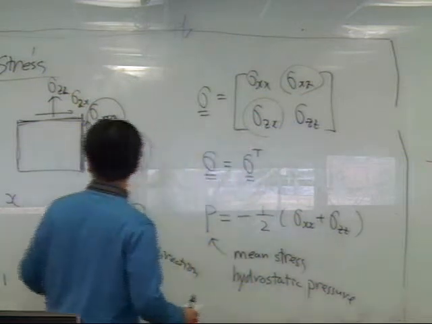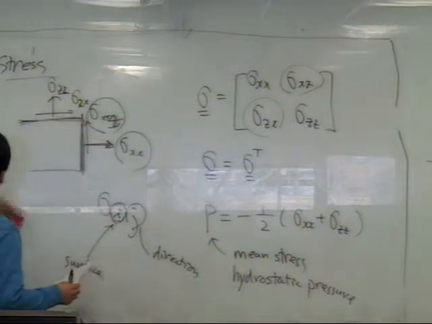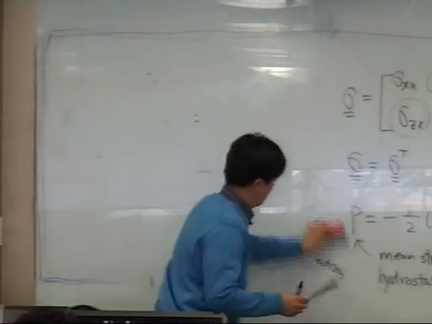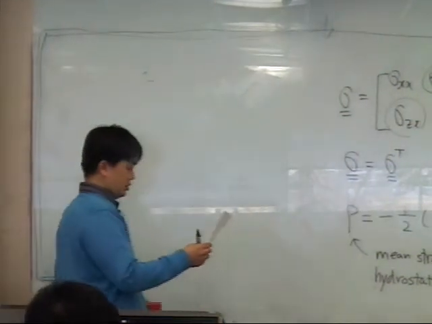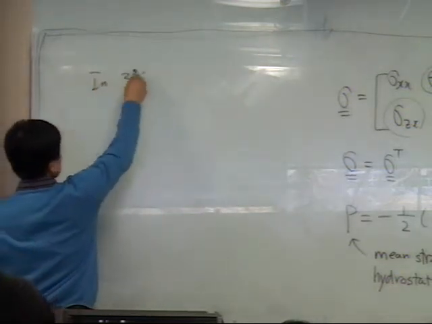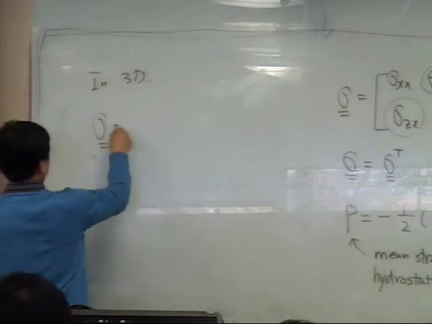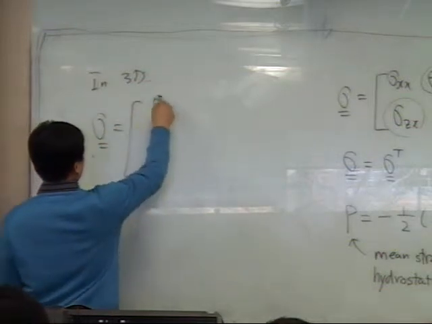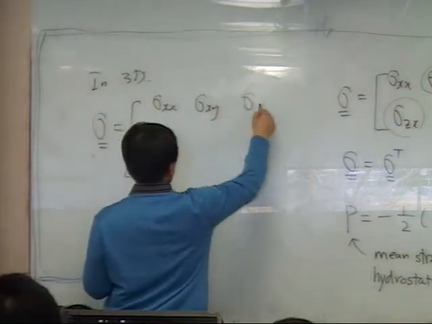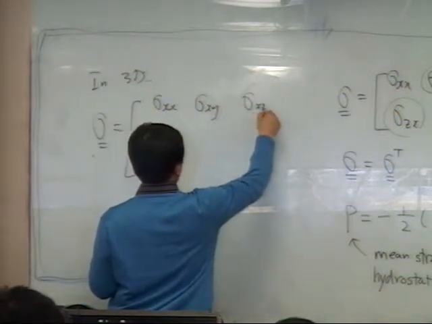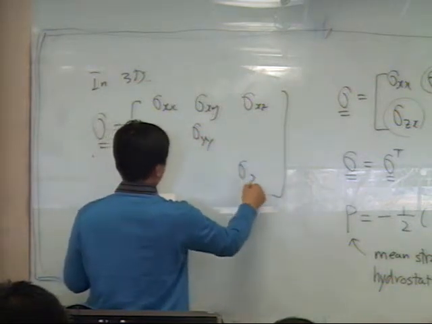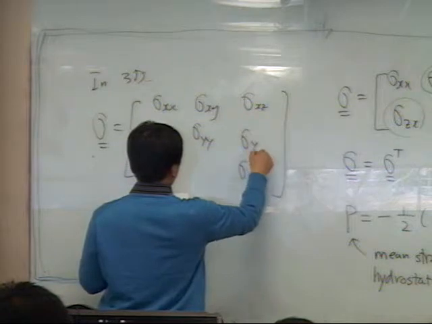In 3D, it becomes different. In 3D, stress has 9 components: xx, xy, xz, and so on, yy, zz, yz.